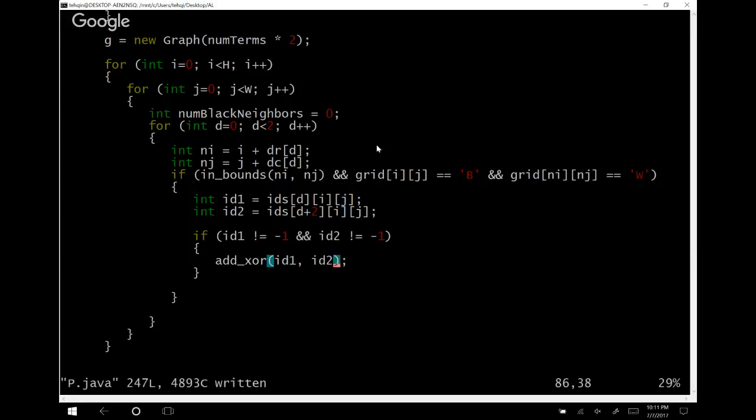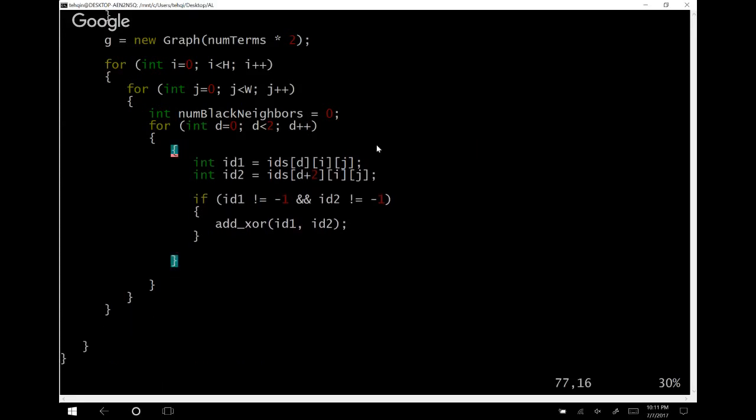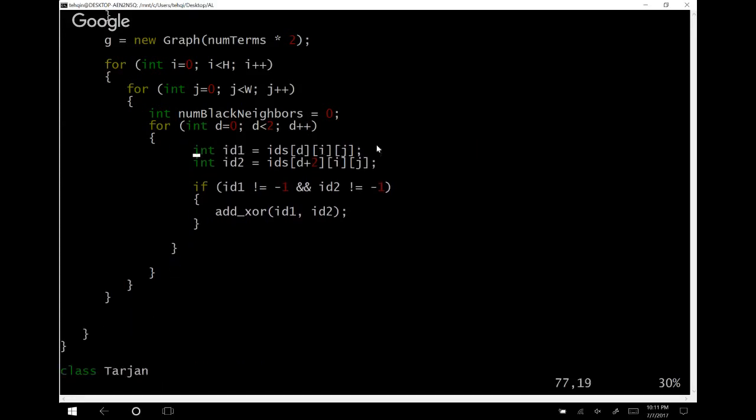So I'm just going to write a helper function called add XOR. So I don't actually have to check if that second number is in bounds. Actually, I don't even have to check anything here. Those negative ones are nice, and make this code really simple.